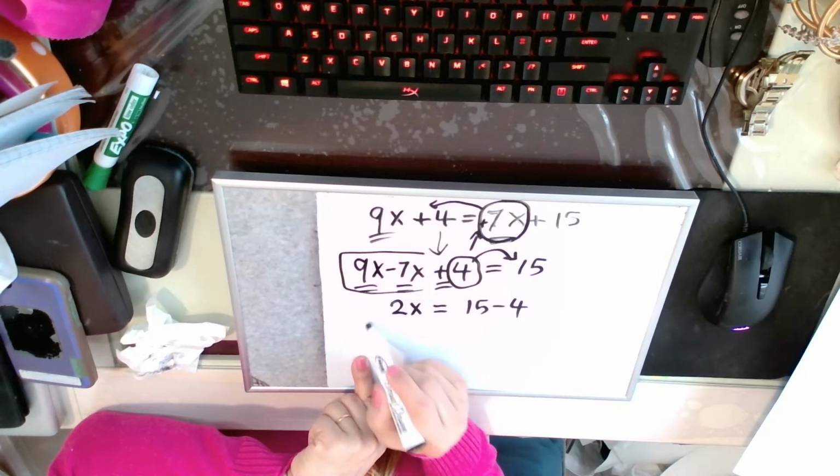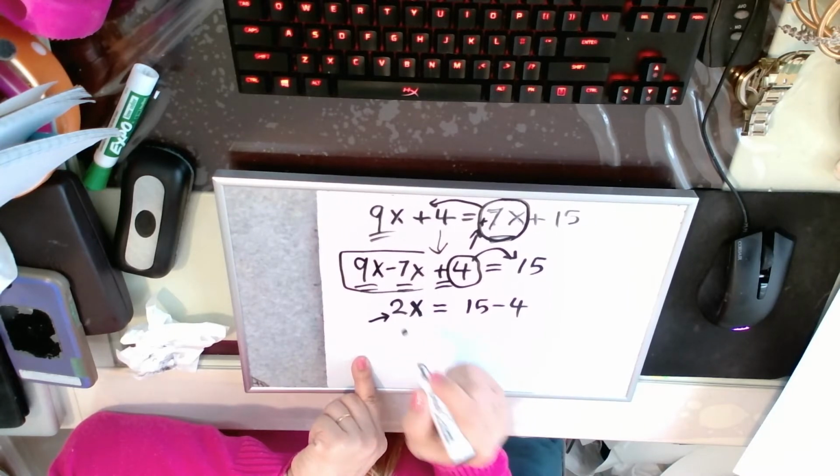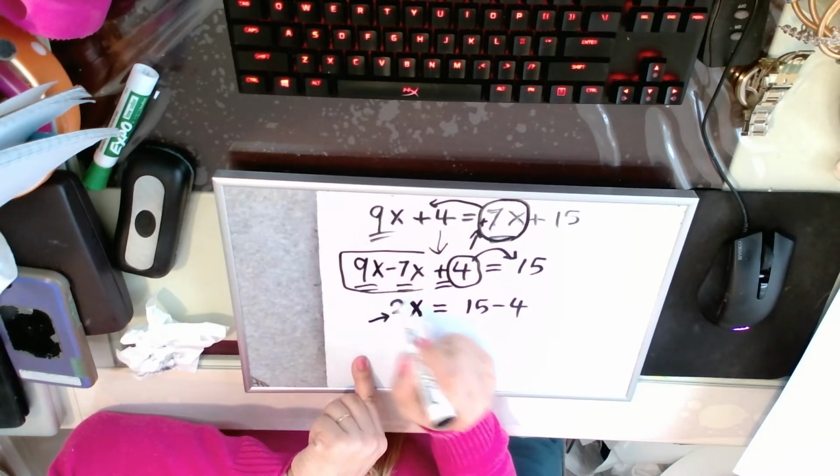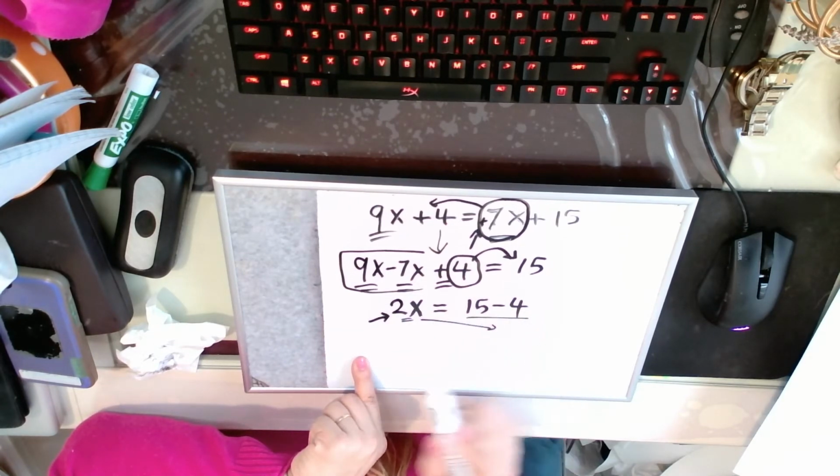Now we want to get rid of the 2 to find the value of x. You can move this number to the other side because it's multiplied, so it's going to move down here to the denominator. You're not going to subtract it because here it's multiplied by x.